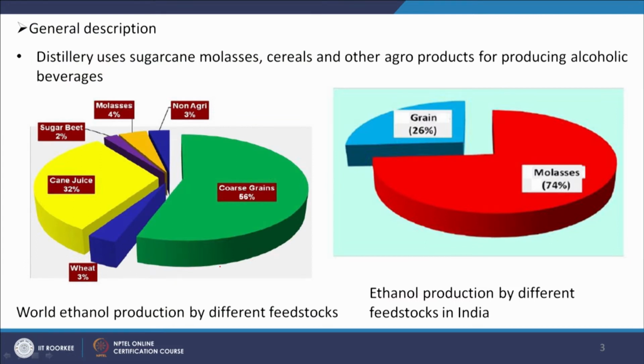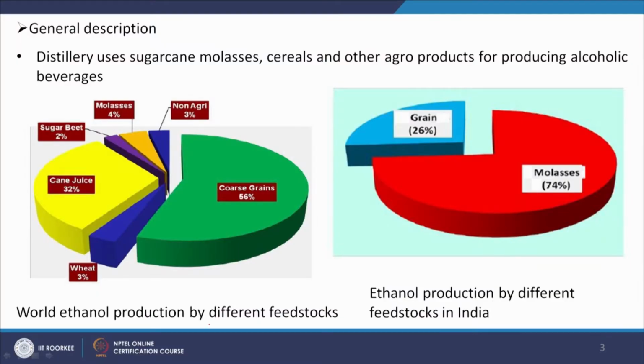So, we will see the general aspect of distillery unit. Around the globe, the distillery produces ethanol or ethyl alcohol, and feedstock is used like sugarcane molasses or grains, or it may be beet sugar also.